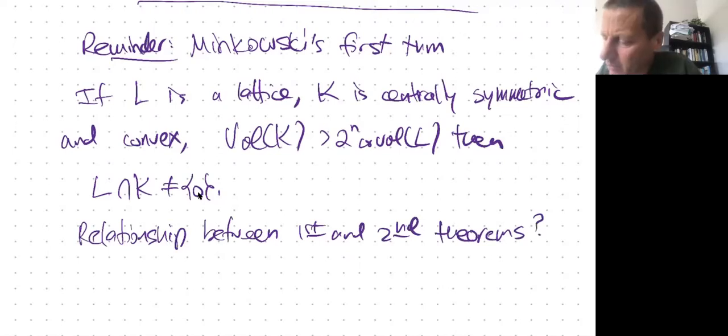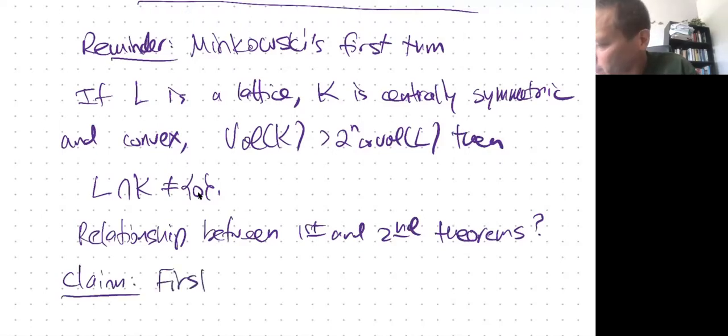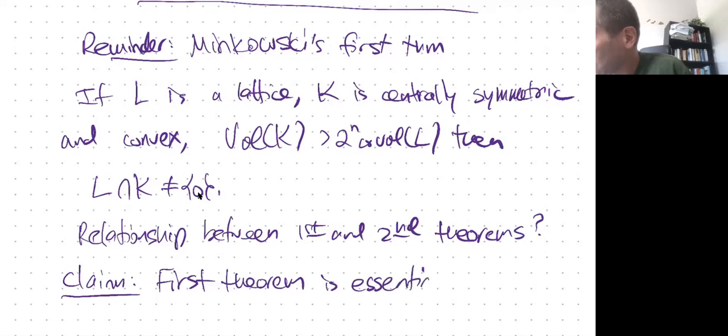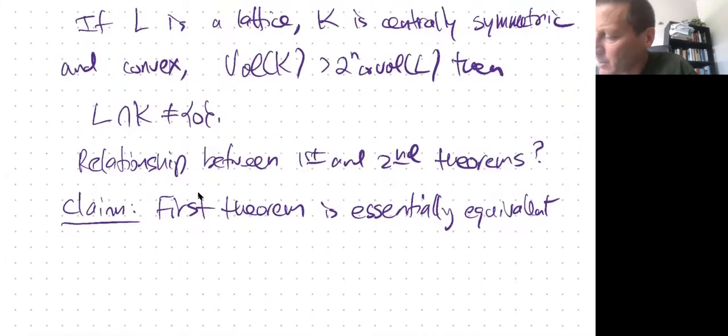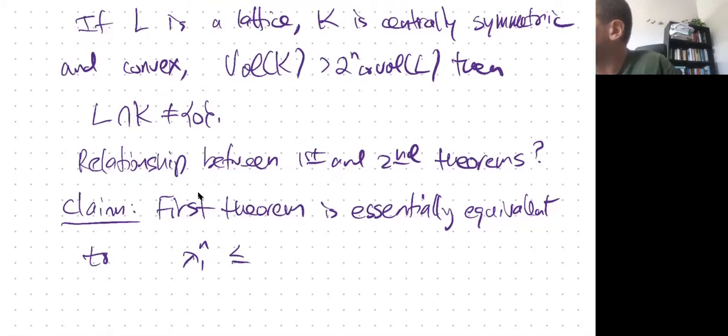I claim that the first theorem is essentially equivalent to the inequality lambda 1 to the n is less than or equal to what you see on the right-hand side of the second theorem.